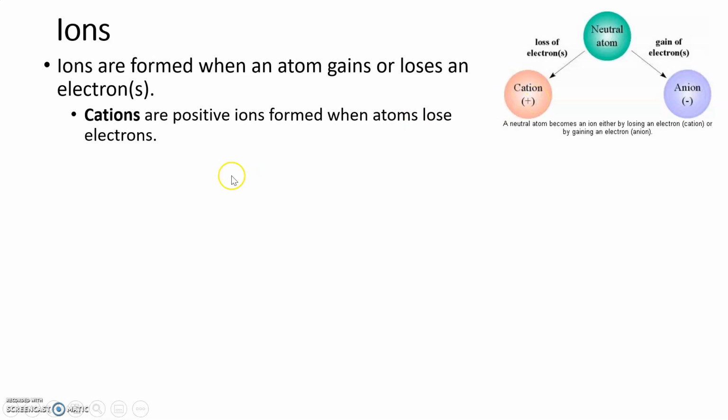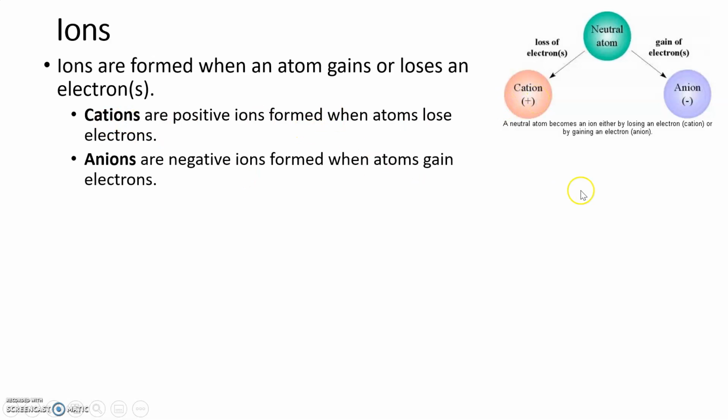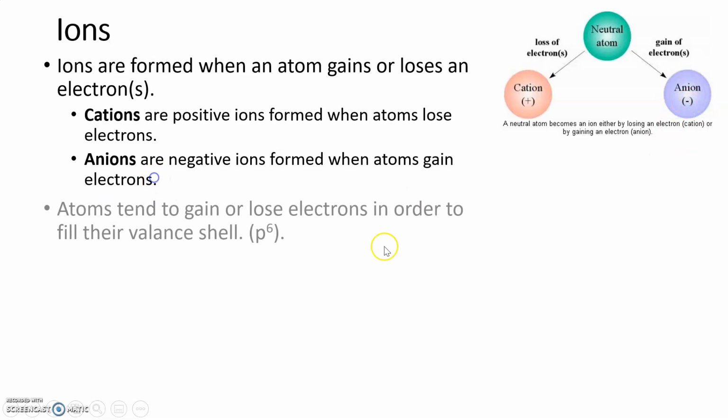We call these cations. On the other hand, if an atom gains an electron, it now has more electrons than protons. That's more negative charges than positive charges. So you're now going to have a negatively charged ion that we call an anion.